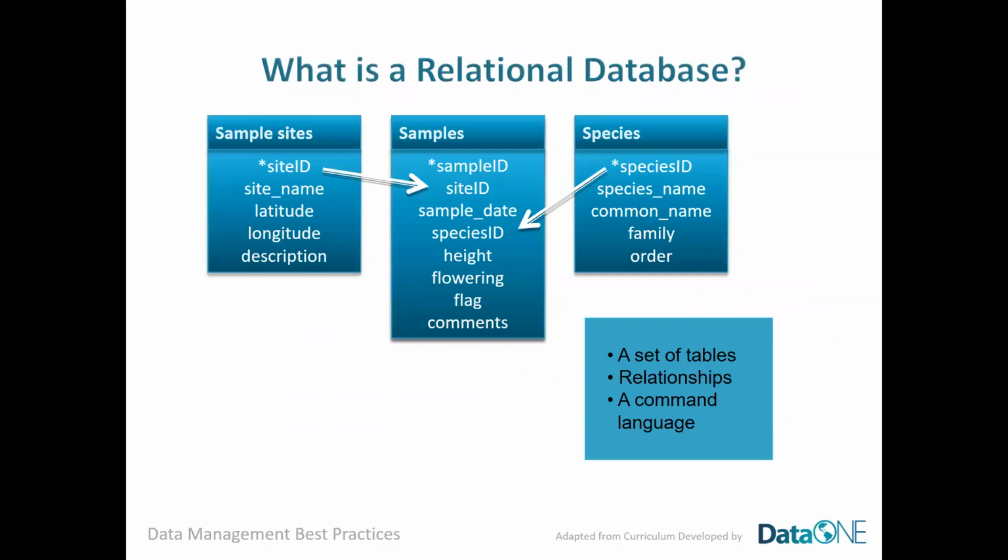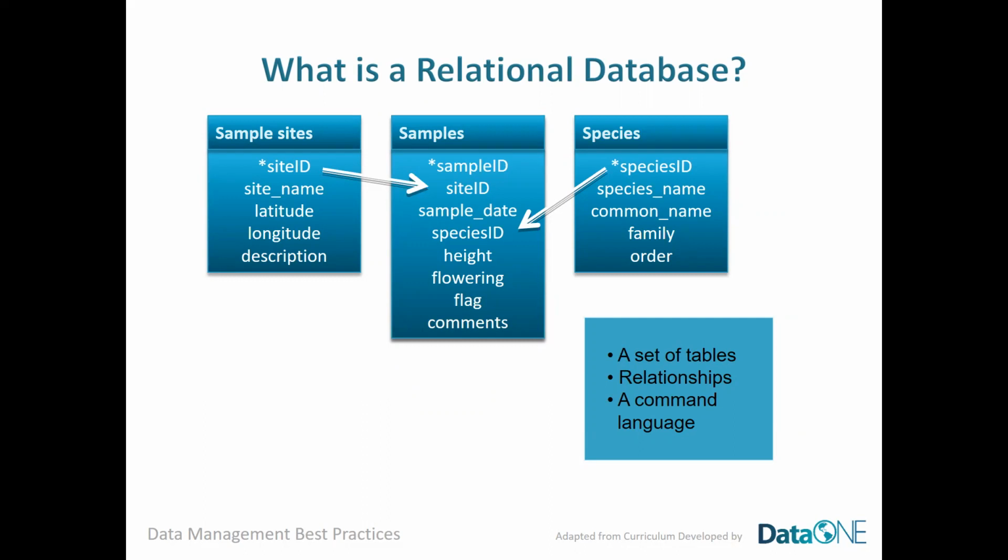A relational database matches data stored in tables by using common characteristics found within the dataset. This helps preserve data integrity and also makes it possible to flexibly mix and match data to get different combinations of information.